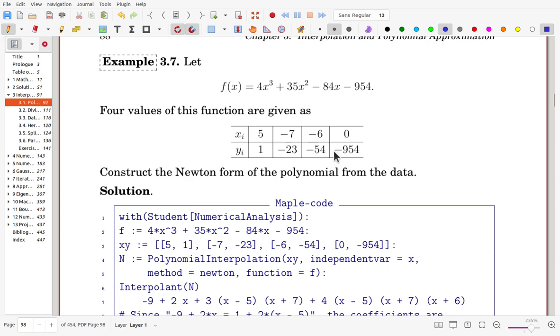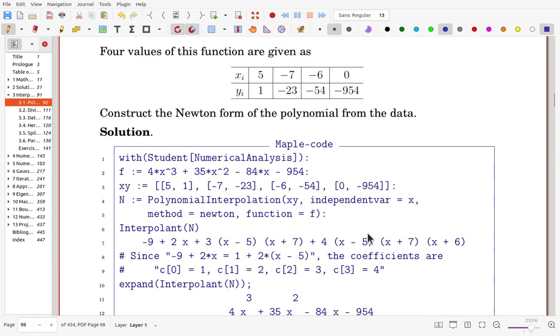From this data, once we try to get the third order Newton interpolating polynomial, then that must be identical to the given function, because the 4 points decide the polynomial uniquely. These 4 points are chosen from a third order polynomial, so even though the Newton form of interpolating polynomial looks different from the given function, that must be identical.